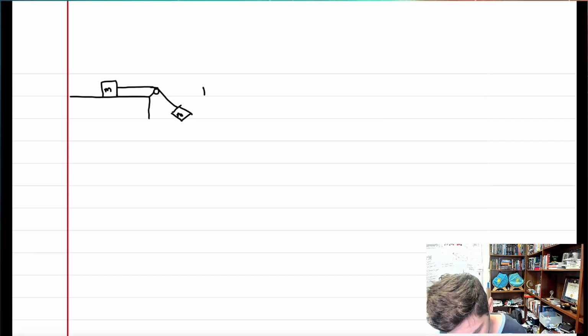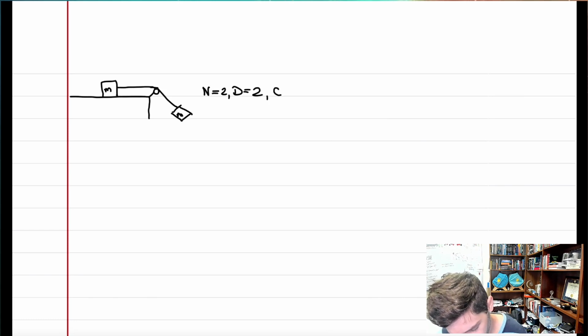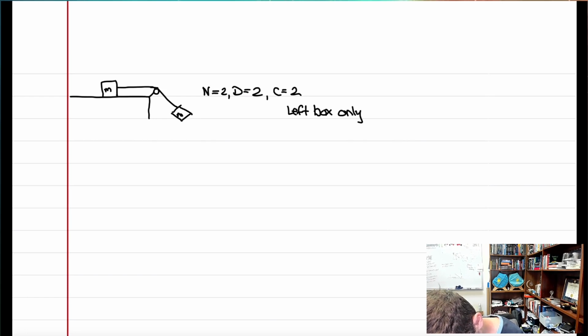Well, in this case, the number of objects is 2. The number of dimensions is 2, right? Because I have both horizontal and vertical motion going on. But then the number of constraints is also 2. One constraint being that the left box has only horizontal motion, essentially the fact that the table is in the way.